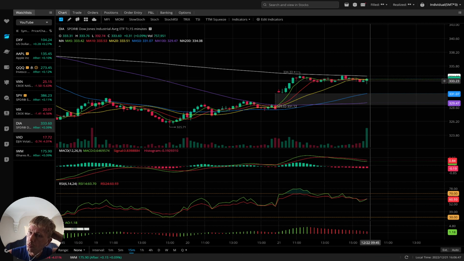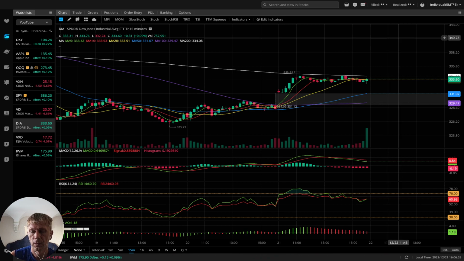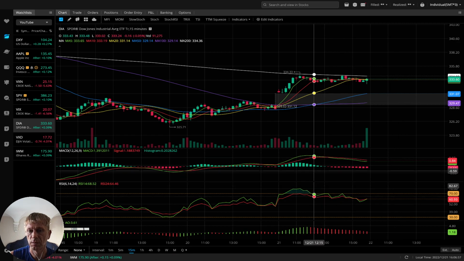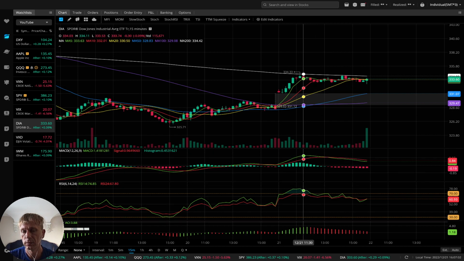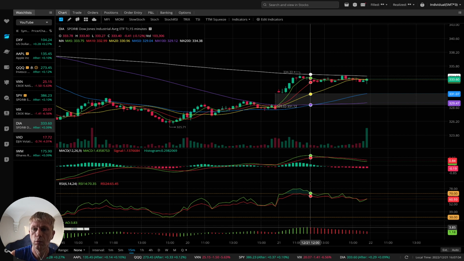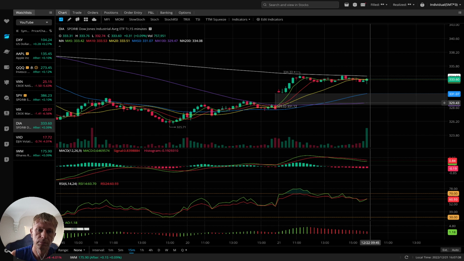It looks like it wants to have some correction, close this gap on 15 minutes, and move up. It has bearish divergences on 15 minutes. But this strong move can leave a gap and move up.